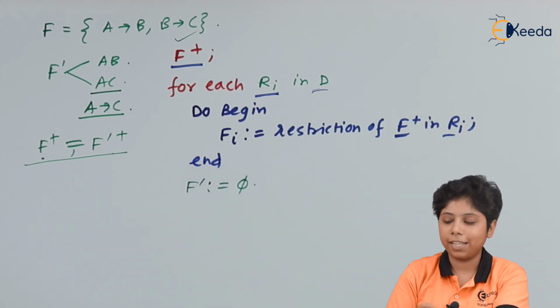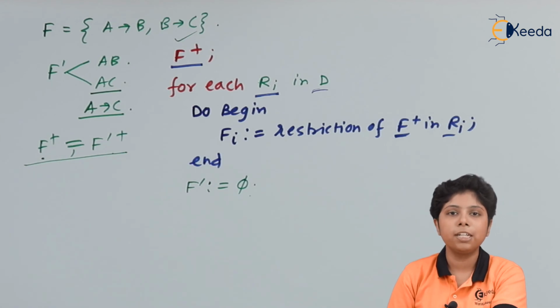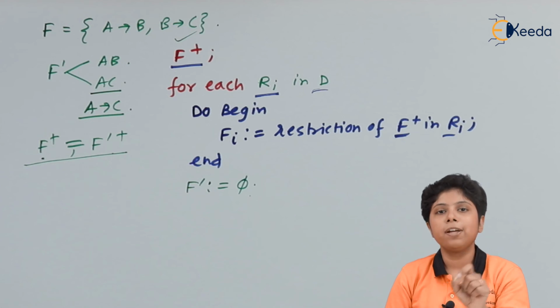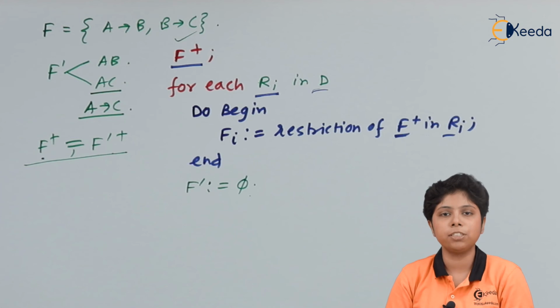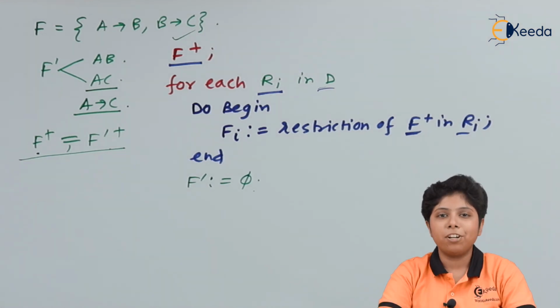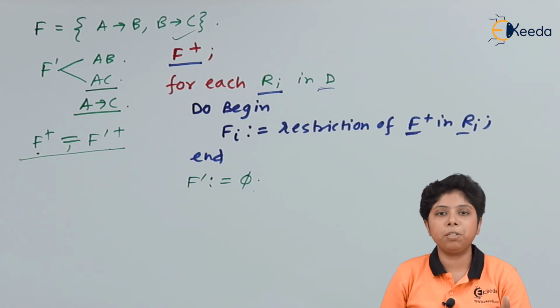Now we make F dash null. That means we are clearing the resultant set, so there are no more dependencies attached to it yet. Now that we have made it null, we will compute and add every dependency to it.